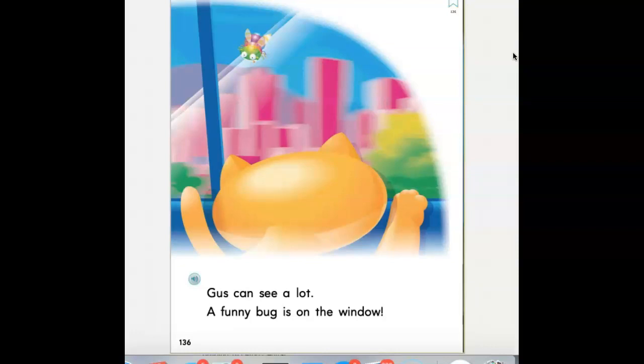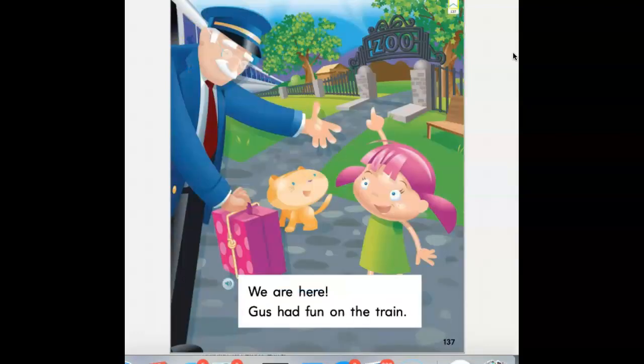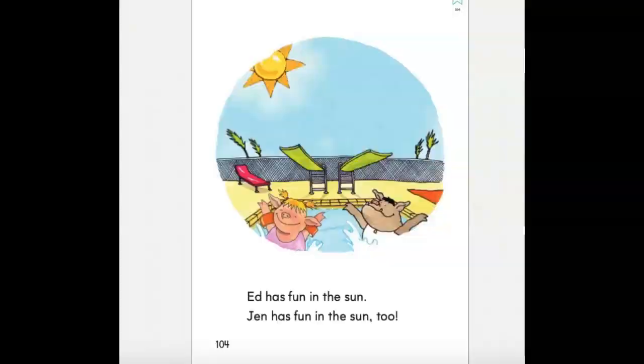A funny bug is on the window. We are here. Gus had fun on the train.